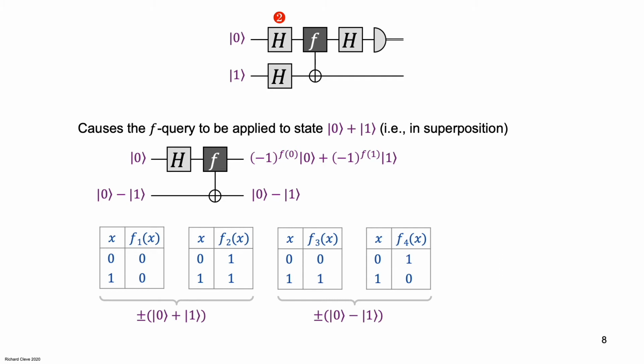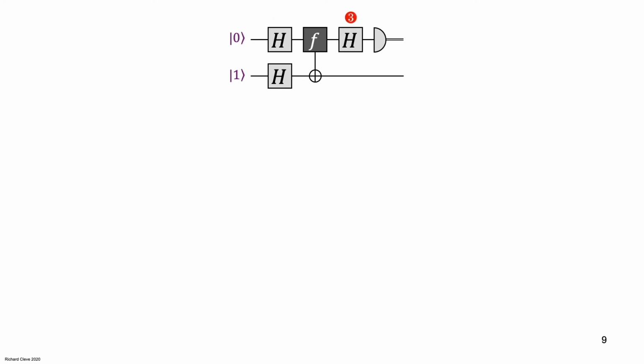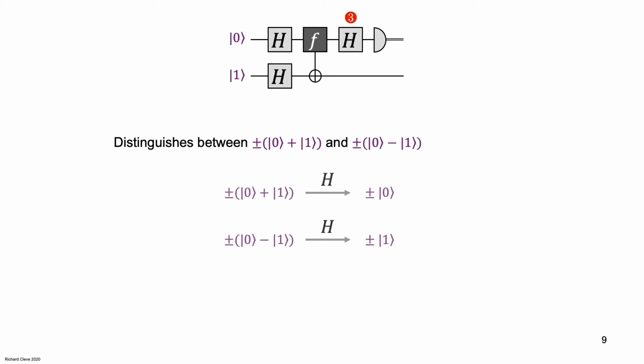So all we need to do now is distinguish between the |+⟩ state and the |−⟩ state. This brings us to the third Hadamard transform, which does exactly that. After applying that third Hadamard transform, we measure in the computational basis and get the correct answer.